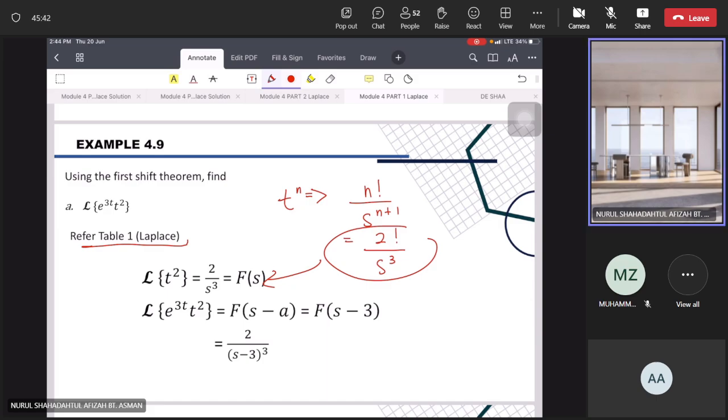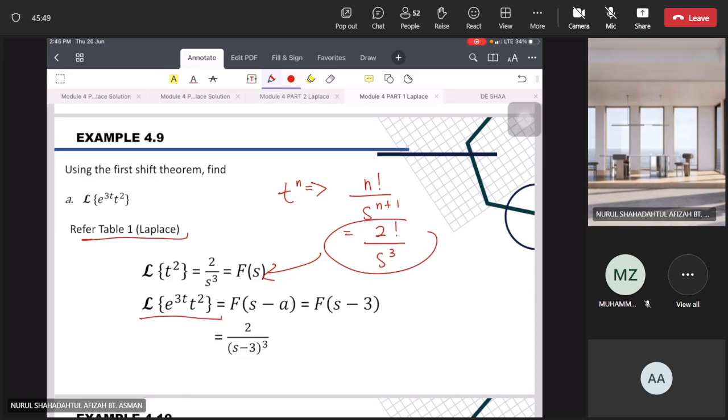I think we have noted. So if you, s minus 3.